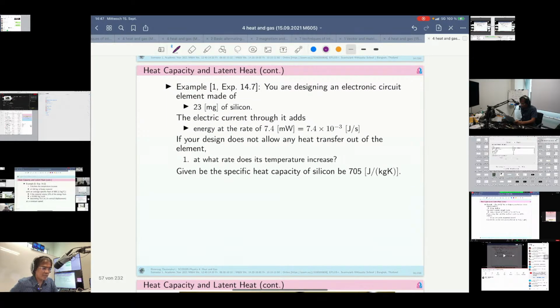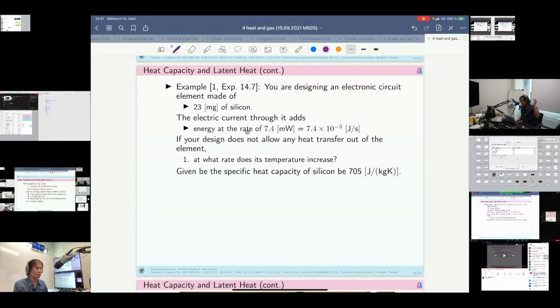Okay, you are designing an electronic circuit element made of silicon, a tiny piece of silicon, 23 milligram of silicon, and electric current through it adds energy.